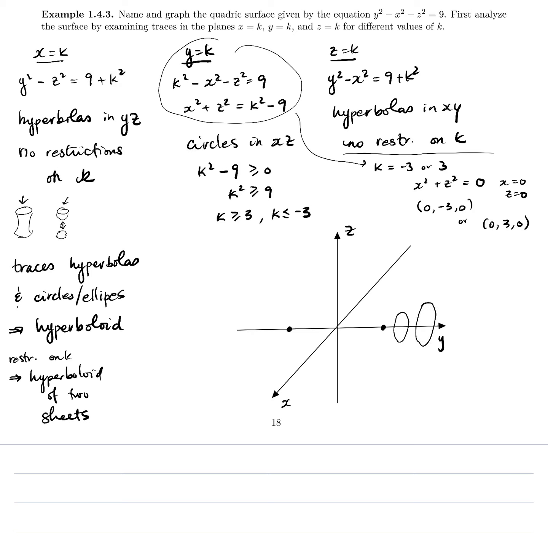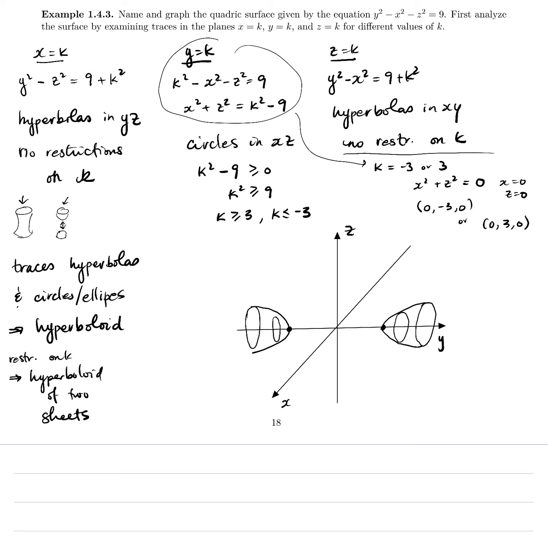Those values are getting bigger as k gets bigger. As k goes in this direction, it's getting bigger. Same thing if we went in this direction, the magnitude of k would be getting bigger, and so our circles would be getting bigger. They start at a point, but they're getting bigger here, and we can then fill out the shape of our hyperboloid of two sheets.